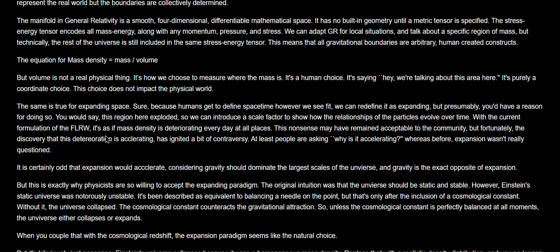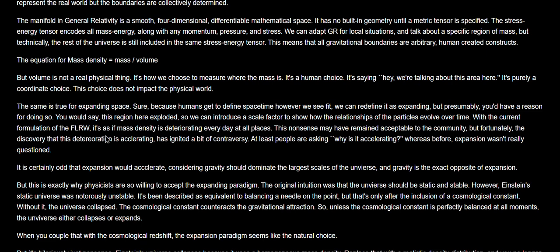Then you could introduce some scale factor that would describe the relationships of the particles and how they evolve over time. But with the current method of space-time expansion in the FLRW metric, it's as if the mass density is deteriorating, decreasing every day.